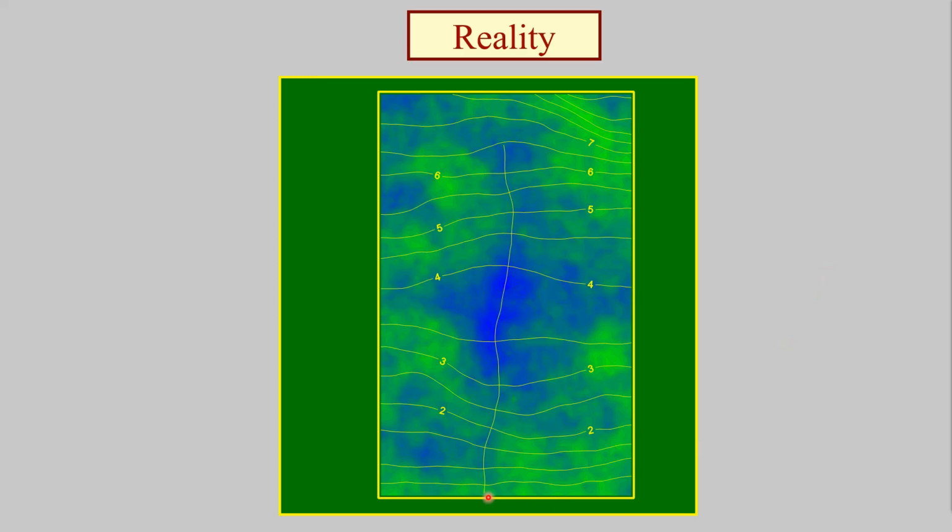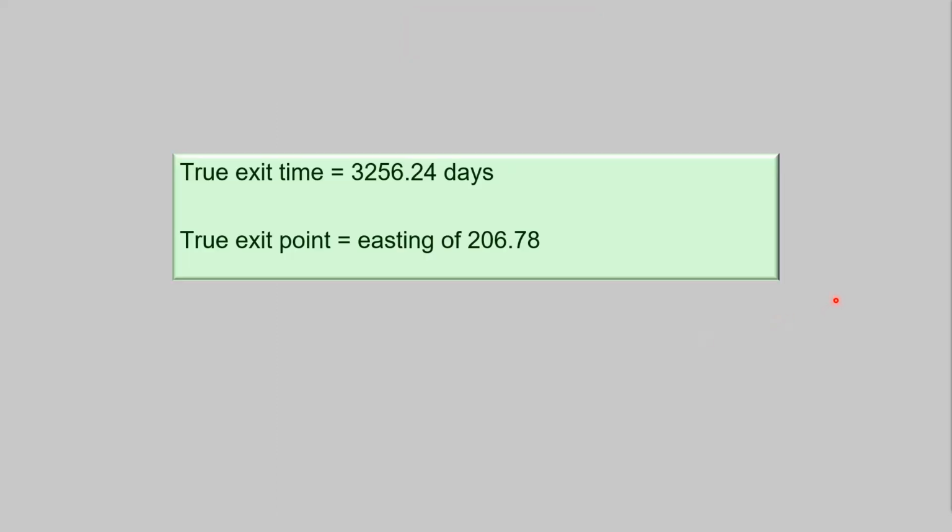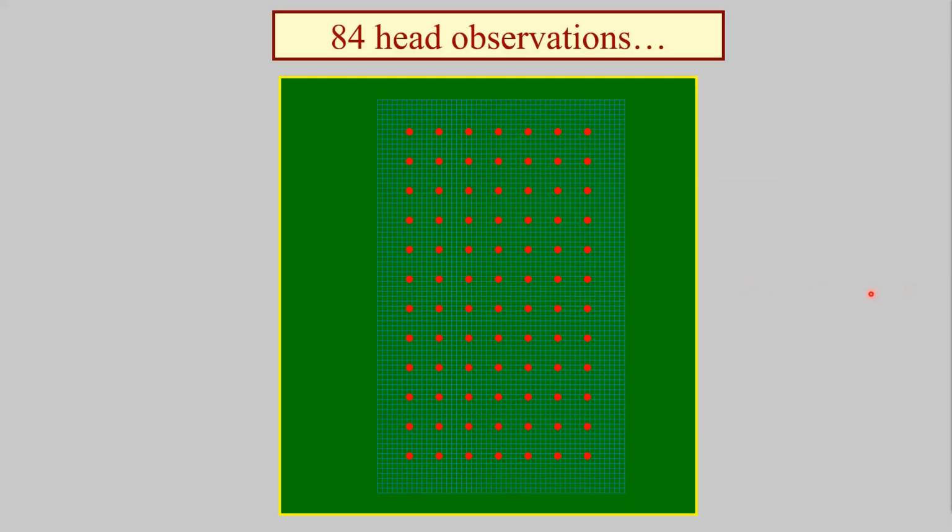I can compare what I predict using the calibrated parameter field with the right answer calculated using the true hydraulic conductivity distribution. So that's the correct answer. That's how long it takes the particle to arrive at the bottom of the system. This is where it emerges, 206.78 meters from the western side of the model domain.